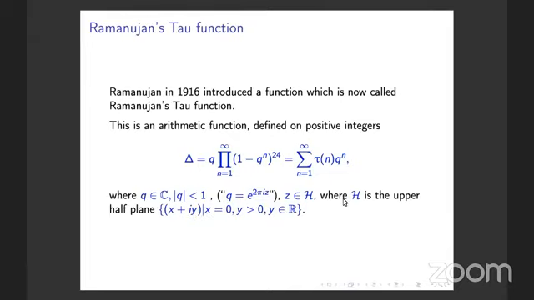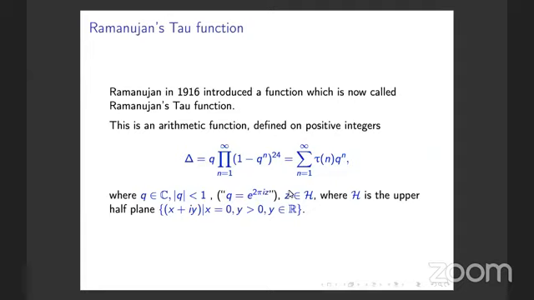By the upper half plane, we just mean the part of the plane above the x-axis. Let me take the special case that x is equal to 0 and y is greater than 0. That is the imaginary axis. But by the upper half plane, I mean everything that lies above the x-axis.